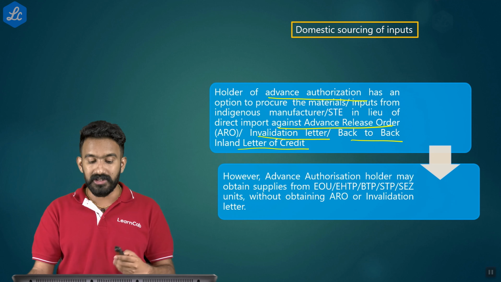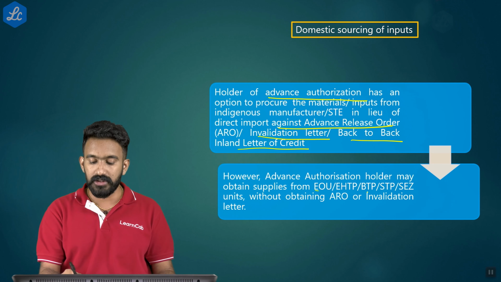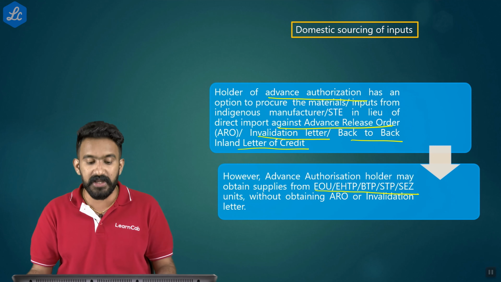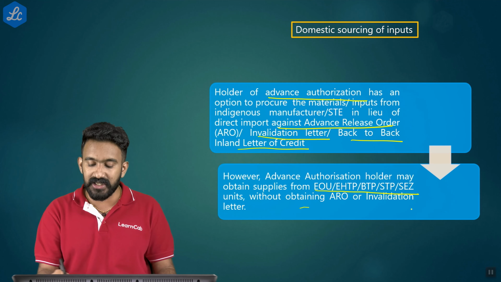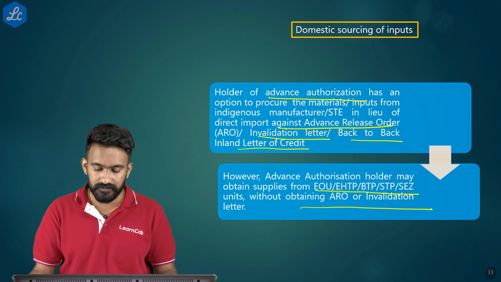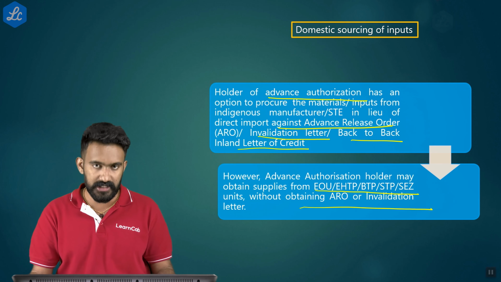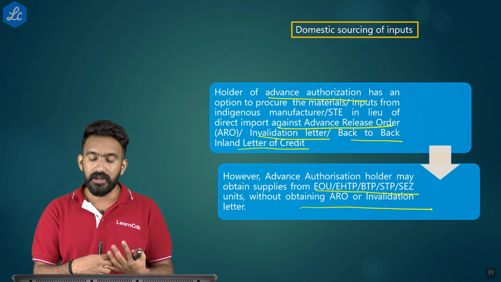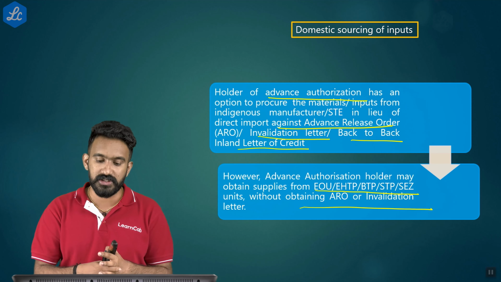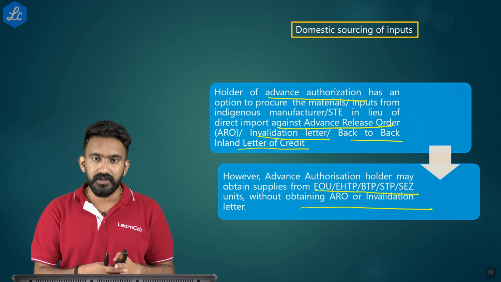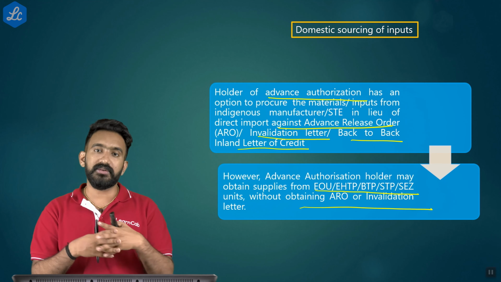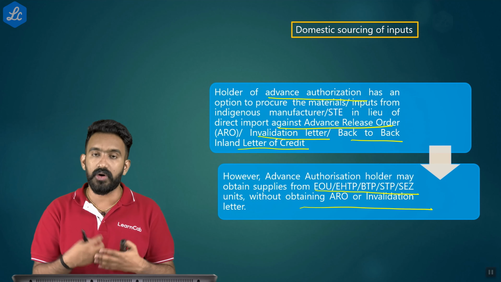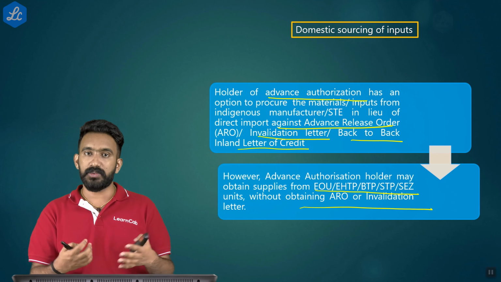An advance authorization holder may obtain supplies from EOU, EHTP, BTP, STP, SEZ without obtaining any advance release orders or invalidation letter. If you want to take an inward supply or input purchases within India from a normal person or an STE, you will have to take a document like an advance release order, invalidation letter, or back-to-back letter of credit.